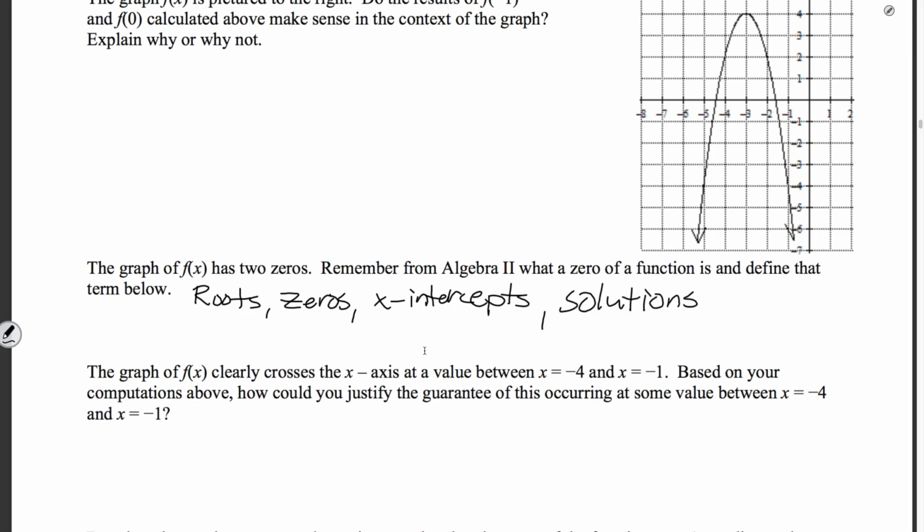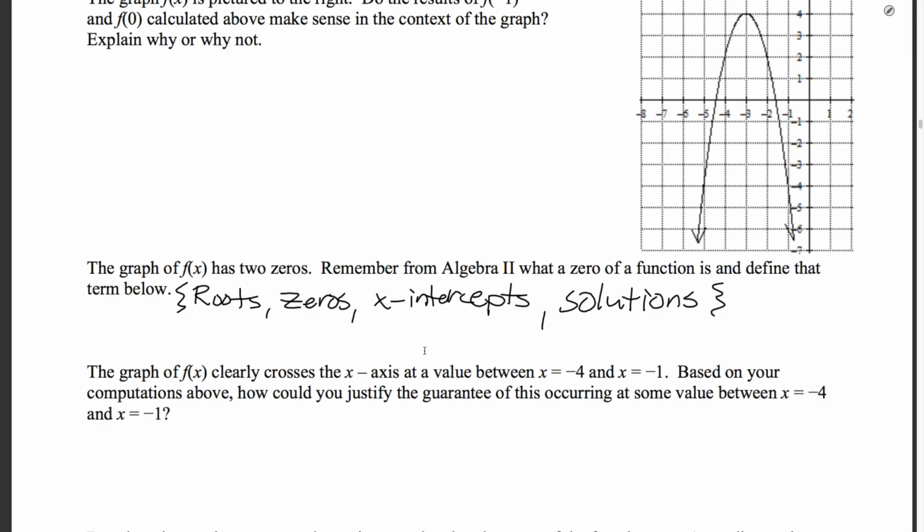Solution. I didn't say it did. I said roots had to do with trees. Okay, roots, zeros, x-intercepts, and solutions. Solutions has to do with science too: solvents, solutes, mixtures, colloids, solutions. All right, roots, zeros, x-intercepts, solutions.